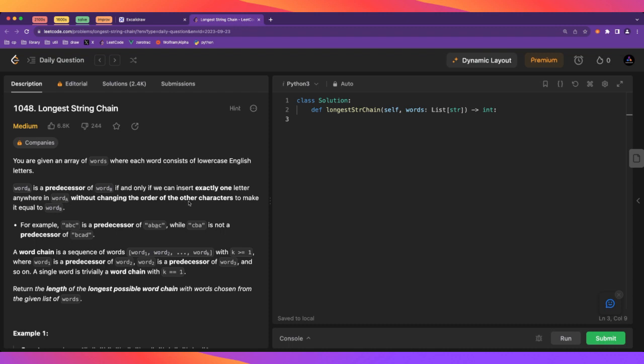So the hint that I mentioned is that the word predecessor is a word that is used in graphs, and also the word chain, which is a sequence of words, is analogous to paths.